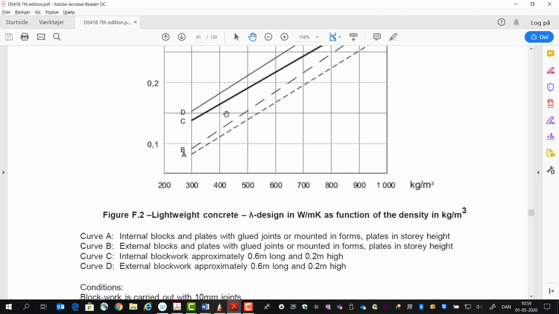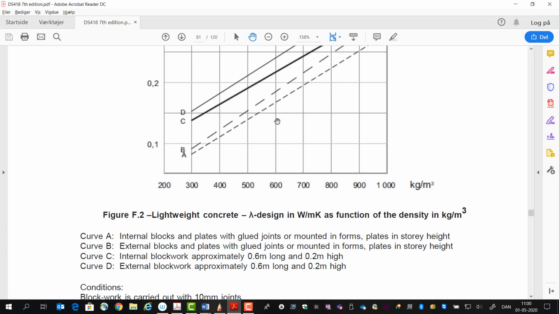Here we have light clinker concrete, and we have 600 in density, which is given in the assignment. Then I have to see which curve, be it internal blocks and plates with glued joints, or internal blocks. I think we'll be in curve A because it's elements.